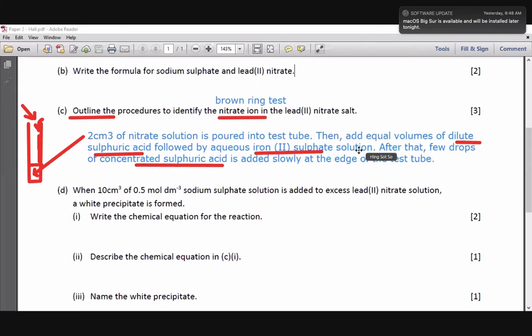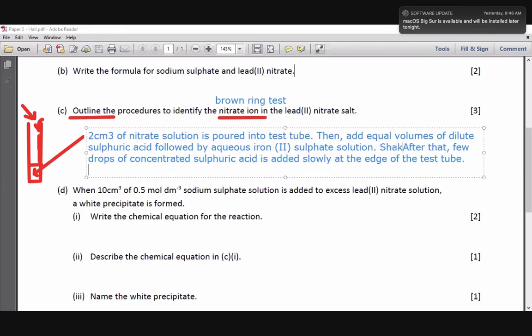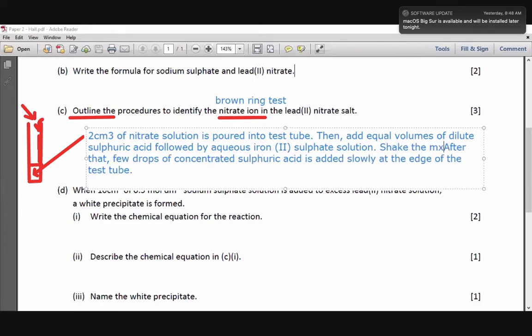If you want a better answer, you can say this part: shake the mixture. Shake the mixture, after adding the dilute acid and iron 2 sulfate. Then 你加了 concentrated sulfuric acid, you cannot shake the mixture anymore.